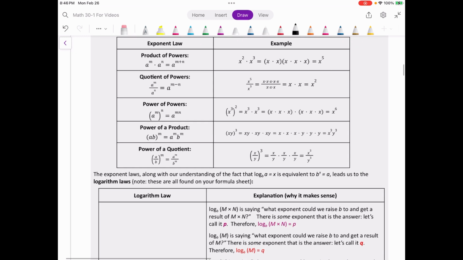The quotient of powers, similar idea, except we're dividing two powers with the same base, right? A to the m over a to the n. We can just subtract those exponents. Again, makes sense. If we have x to the 5 over x cubed, that's saying 5 multiplications of x divided by 3 multiplications of x.